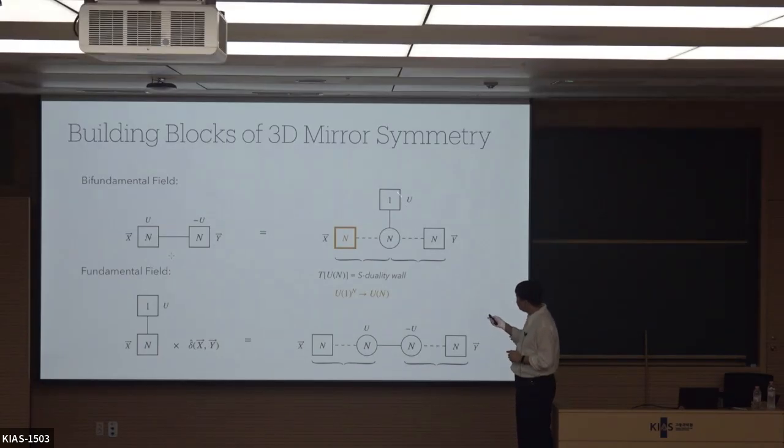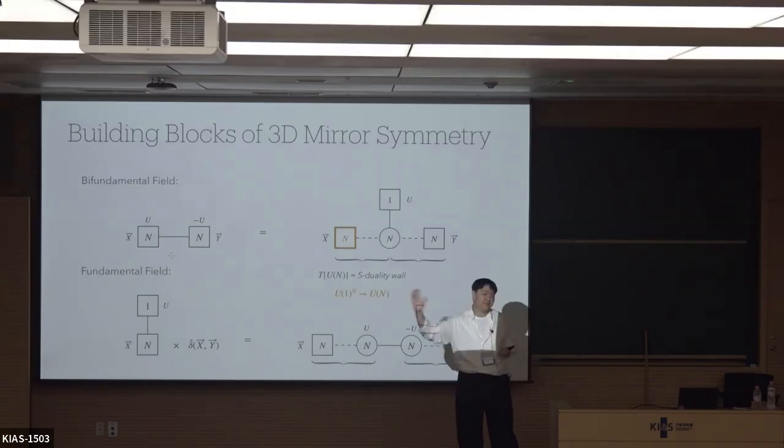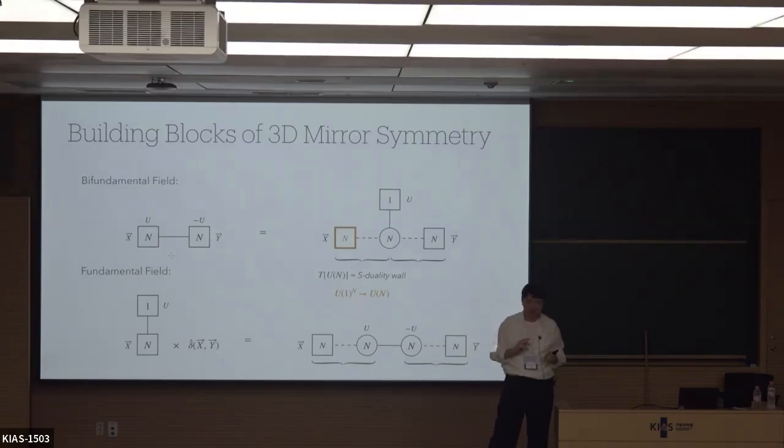And you can also understand this fundamental field as an excitation on the D3 brane attached to the D5, NS5. In this case, it is the excitation of D3 attached to the D5 brane. And then the role of this T[U(N)] is just a local S-dualization from the field theory perspective. So I just locally dualize NS5 into D5 and D5 into NS5.